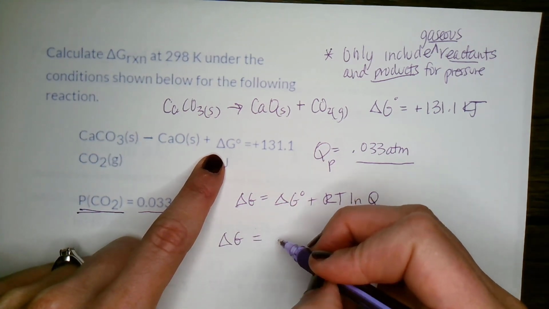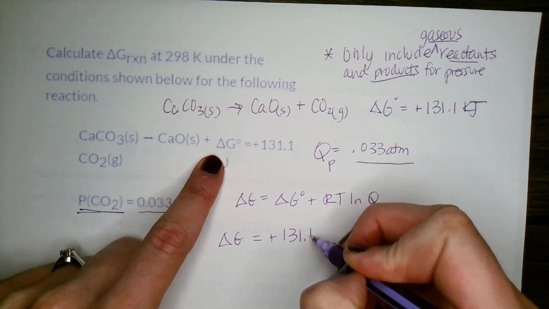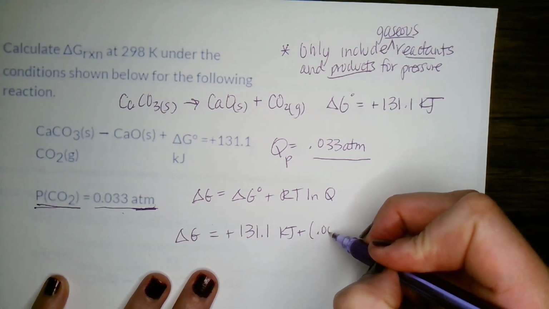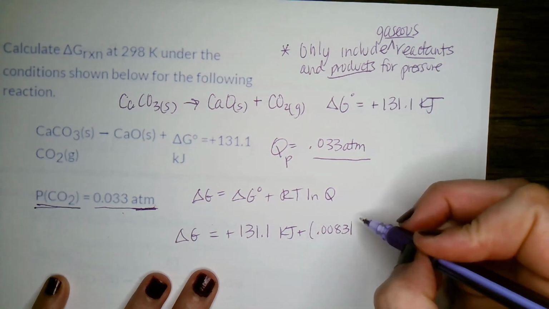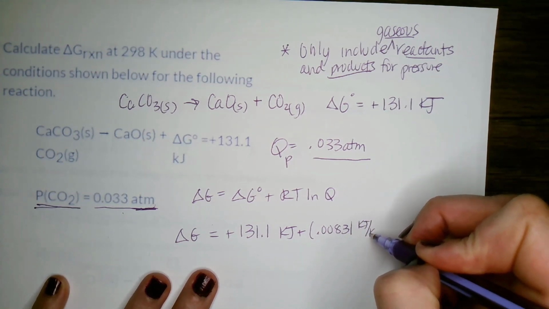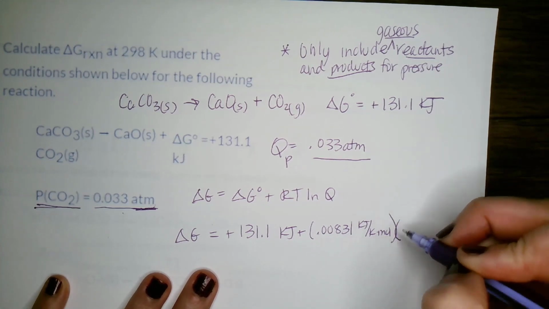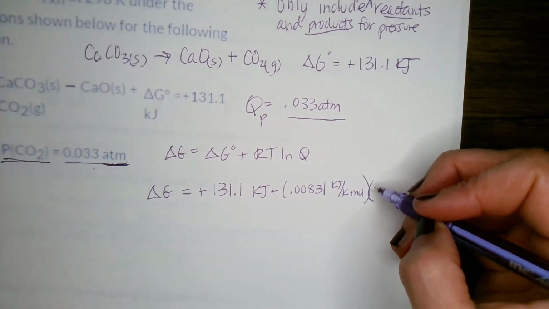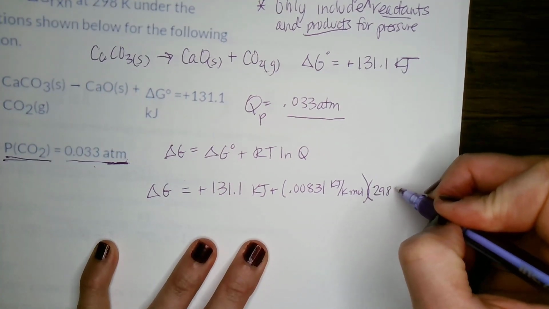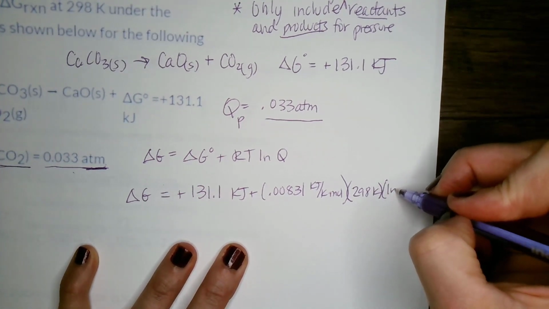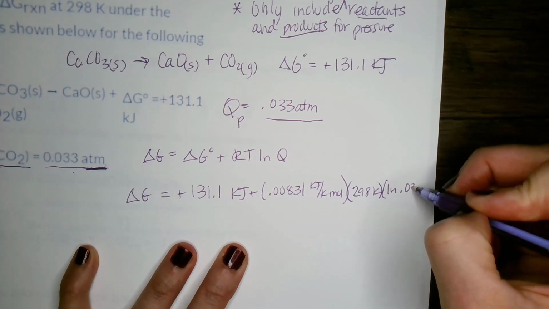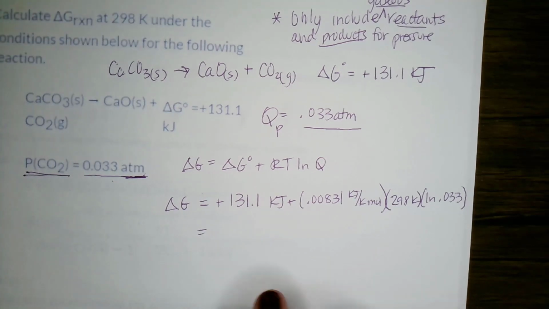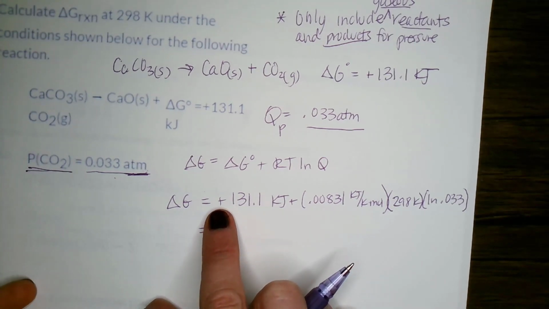So we're given our Gibbs free energy at standard state. So delta G at non-standard state is equal to plus 131.1 kilojoules plus 0.00831 kilojoules per Kelvin mole. Our temperature tells us 298. And then the natural log of 0.033.